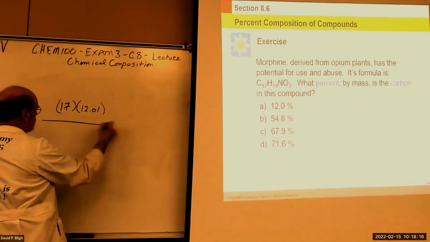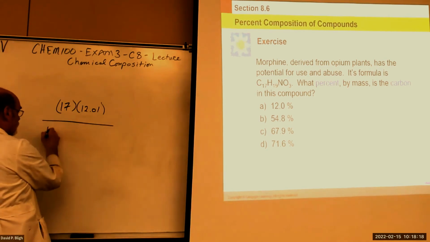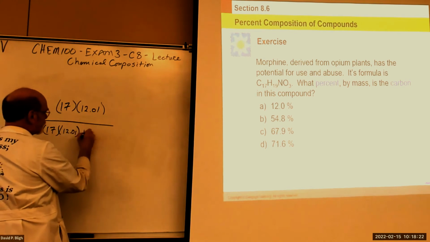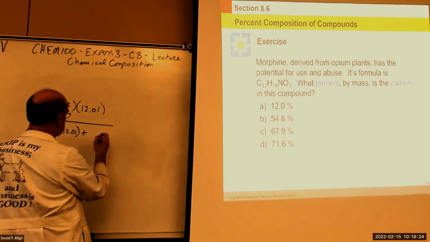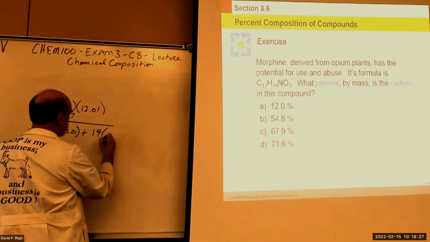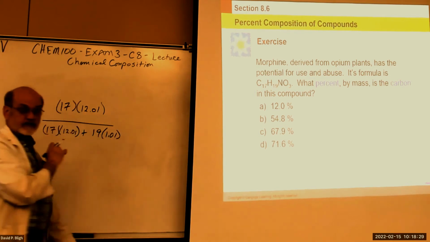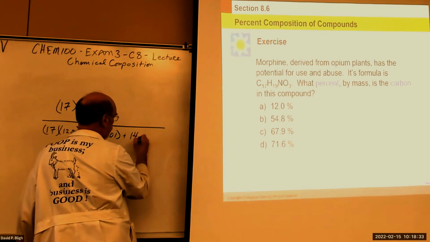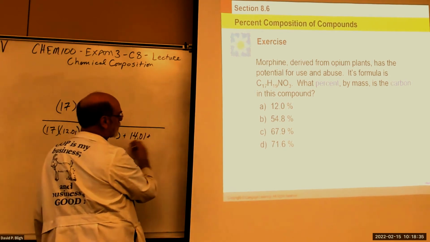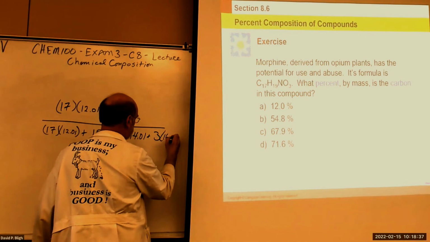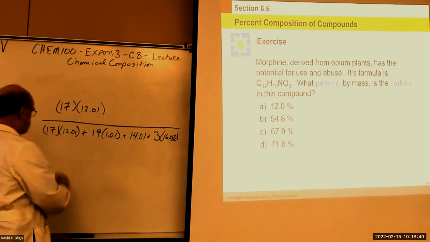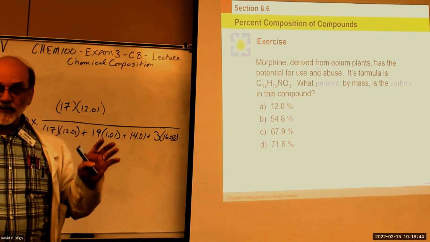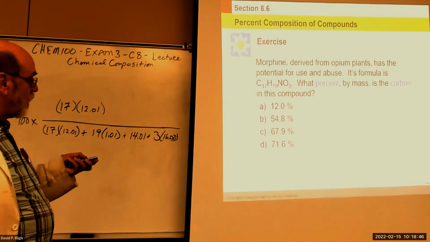Right? And down here is another 17 times 12.01. But also 19 times 1.01 for the hydrogens. And then a nitrogen, only one of them, and then there are 3 oxygens. Times 100.